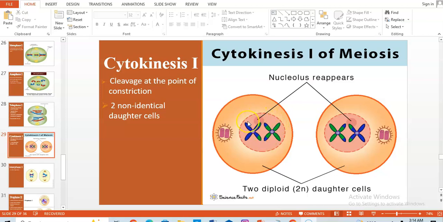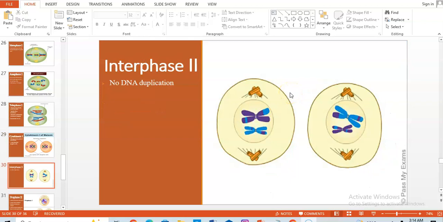Now let's go into the second meiotic division. The second meiotic division also has an interphase. Interphase is just a phase existing between the end of one division and the middle of another. The cell will go into interphase first, but here no duplication of DNA occurs.